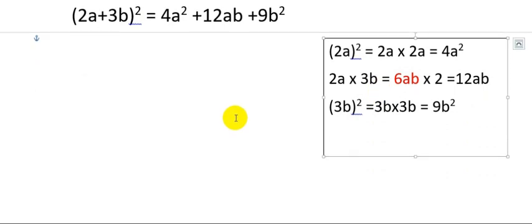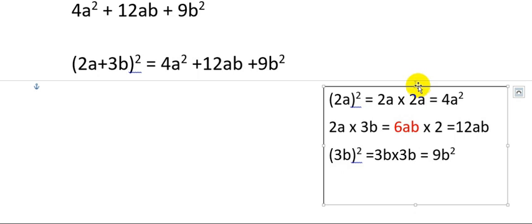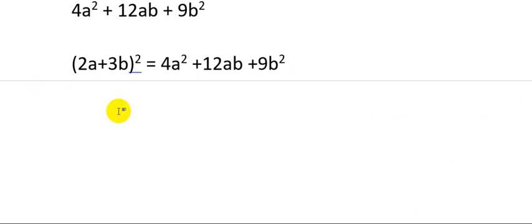So let's do another example question in order to get familiar with this type of binomial expression. Now in this example, I am going to include a negative value. So example 2 is something like this.